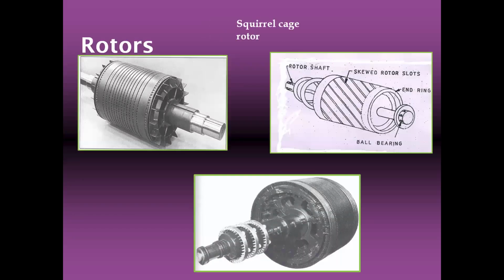Here there are generally two types of rotors, mainly squirrel cage and wound rotor. We improve the design of the squirrel cage by providing a double cage to increase the starting torque and reduce the starting current.